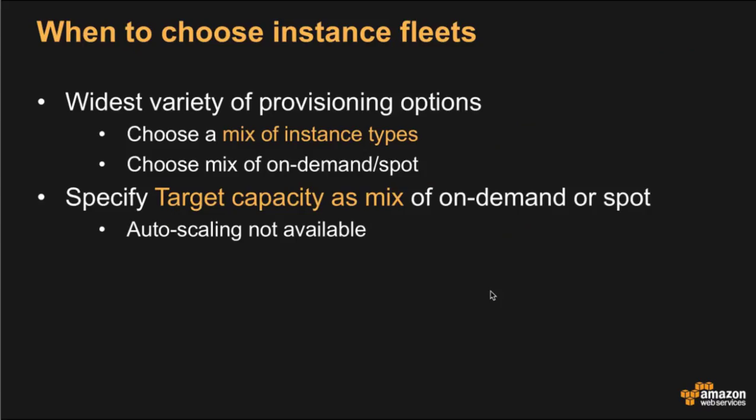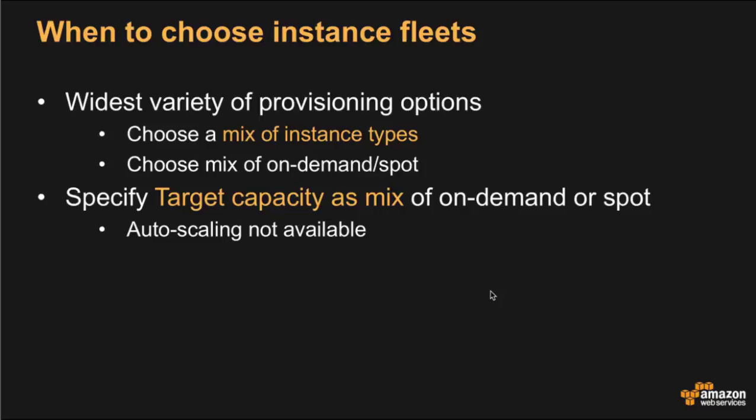So moving on to the second choice which is available, which is instance fleets. You might ask, okay, I understand when to choose instance groups. How do I choose instance fleets? If you want a wide variety of provisioning options, you have the flexibility to choose a mix of instance types, and you do want a combination of on-demand and Spot, then definitely instance fleets is a good choice for you.